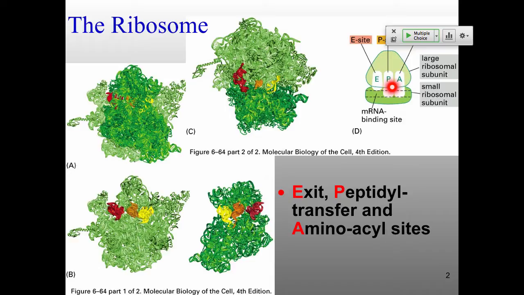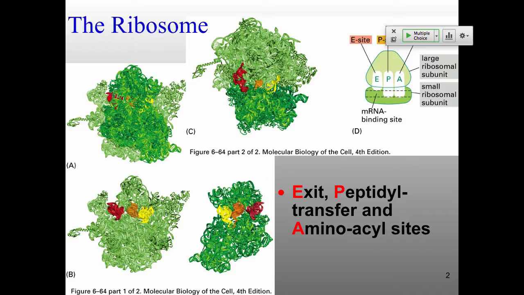The peptidyl transferase site, that's where you hook up your amino acid chain to the tRNA which is already there, and then the tRNA that used to have your peptide attached to it is in the exit site, and that then falls off. And so that's your elongating ribosome.